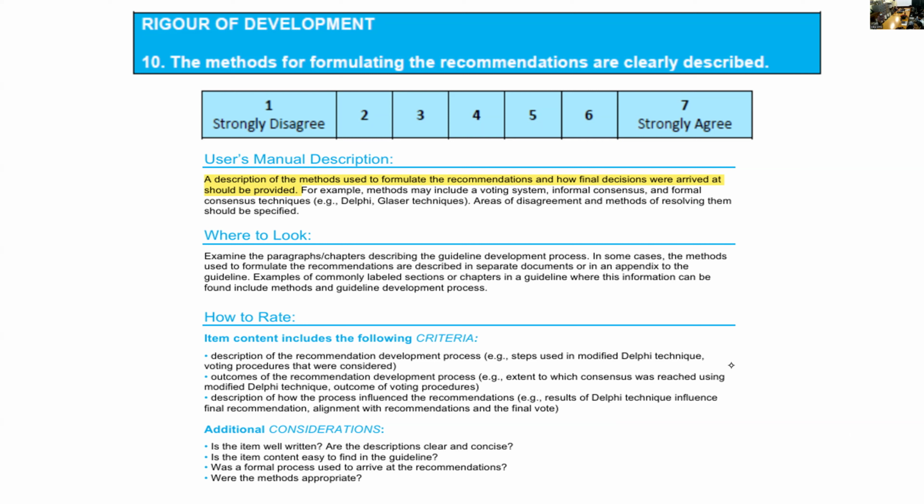But in the methodology document that they had mentioned, the steps were very clearly written: how the voting process would go on, how people were chosen for the voting process, how the writing committee cannot take part in the voting process, and how the writing committee is different from the peer review committee. All of them are very, very clearly described. Because I'm assuming they've done this, I've given them a 4.